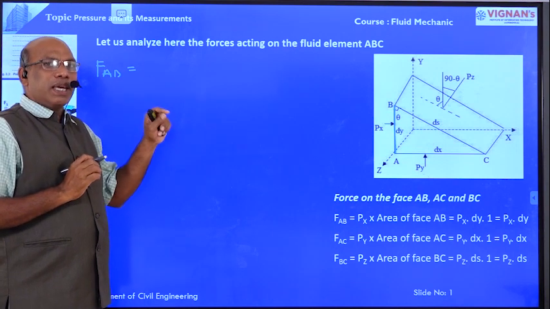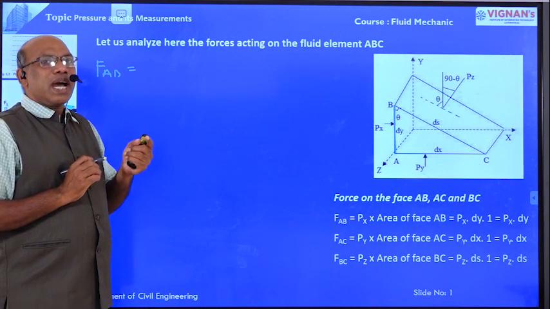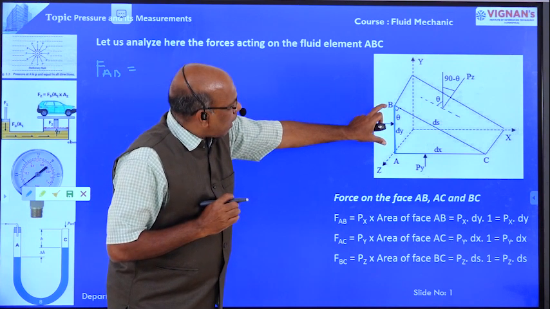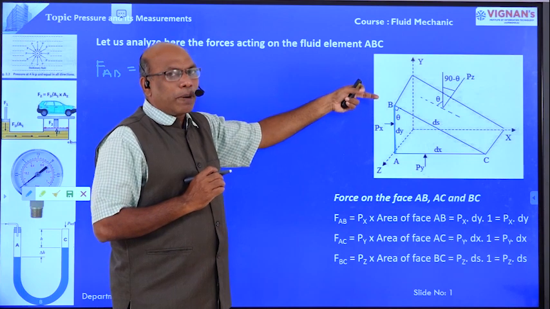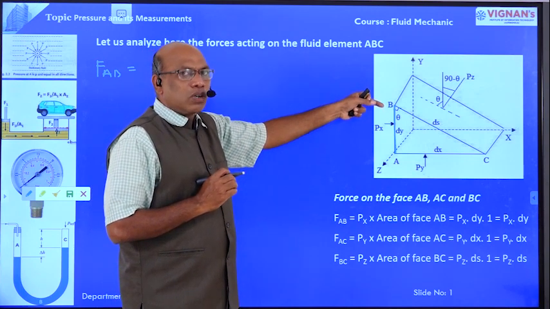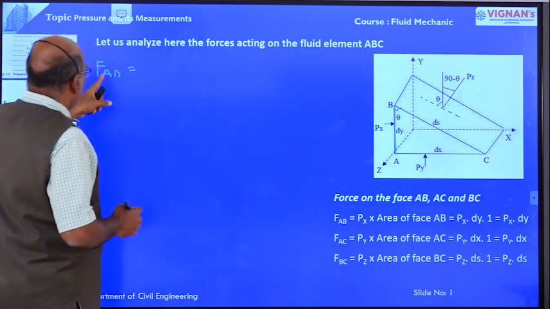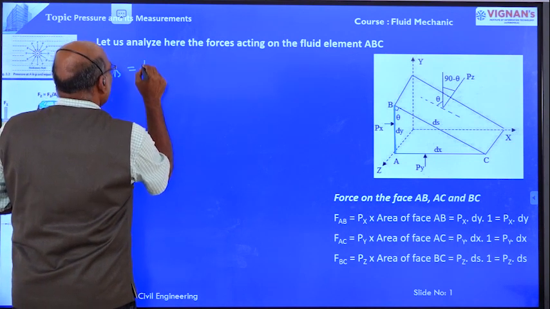On face AB, the stress is Px. Area is the depth of the element AB, that is dy, into 1, the unit width perpendicular to the plane of the paper. Therefore force on face AB equals pressure into area.